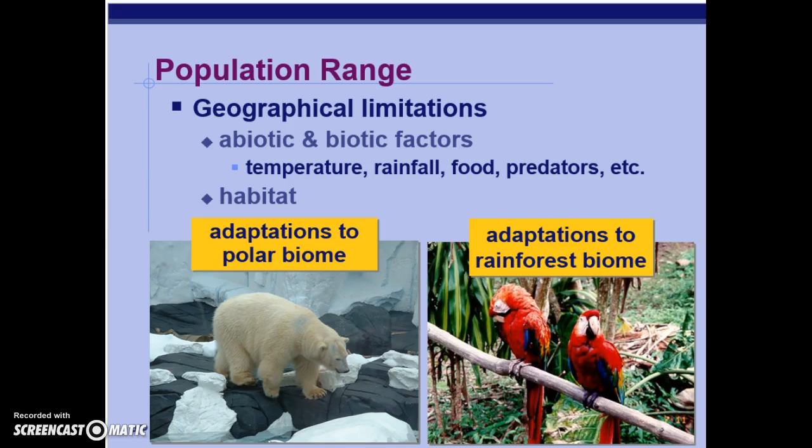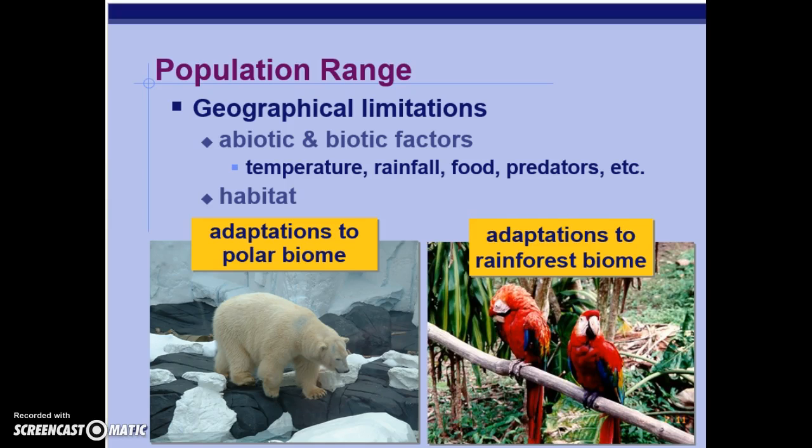So when we were talking about the dispersion of a population and also the density, we were talking about the boundaries of that population. By definition, when we're discussing a population in ecology, we want to look at its range. What are the geographic limitations? And these actually can include both biotic and abiotic factors.